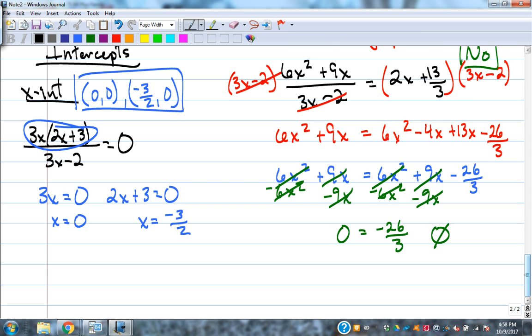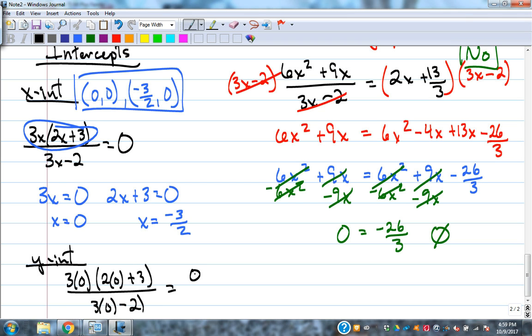Let's find the y-intercepts, or y-intercept. I don't know how many there are. Plug in a 0 for the x. 3 times 0, 0, or 2 times 0 plus 3 over 3 times 0 minus 2.